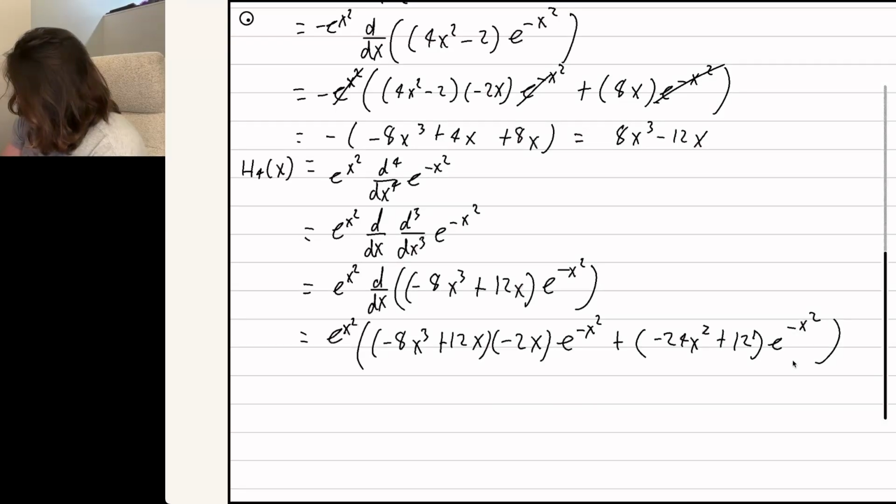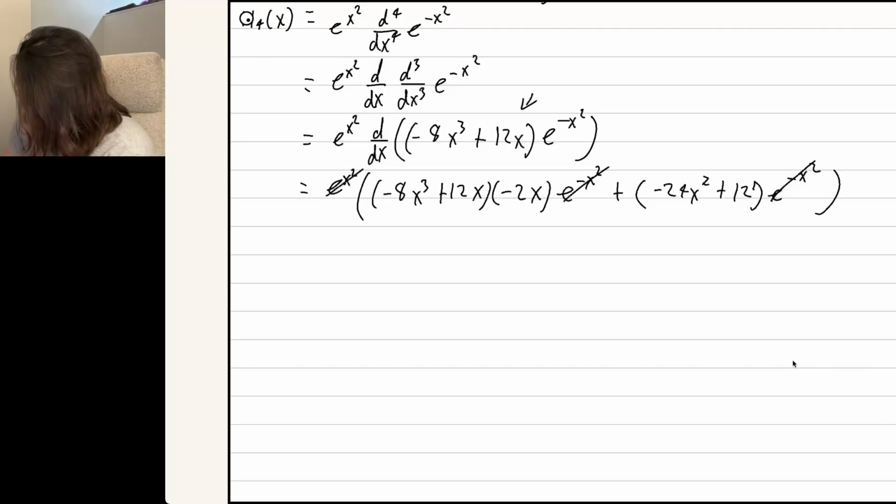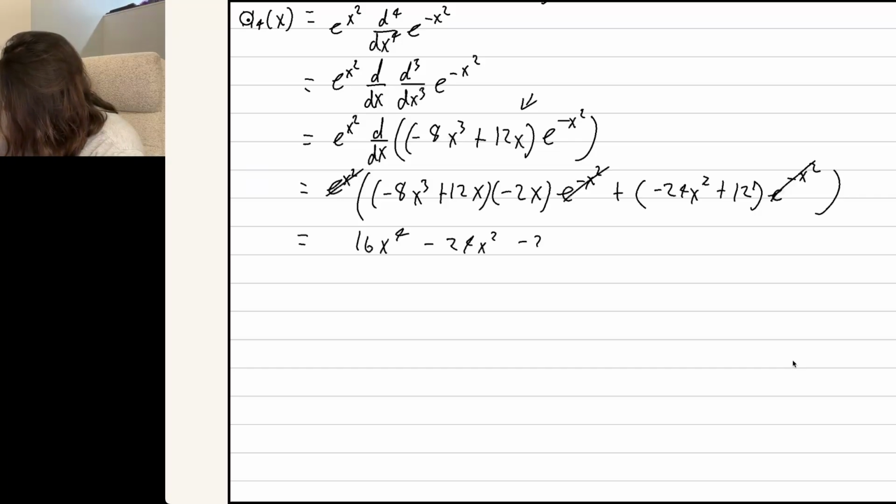And then again, the positive one on the outside cancels out the negative ones on the inside. So you'll have 16x fourth minus 24x squared minus another 24x squared plus 12, which gives 16x fourth minus 48x squared plus 12.